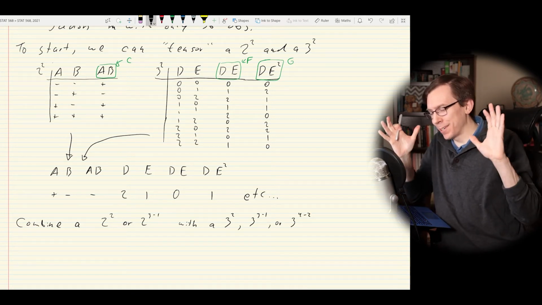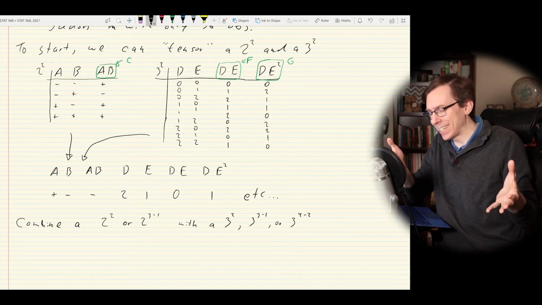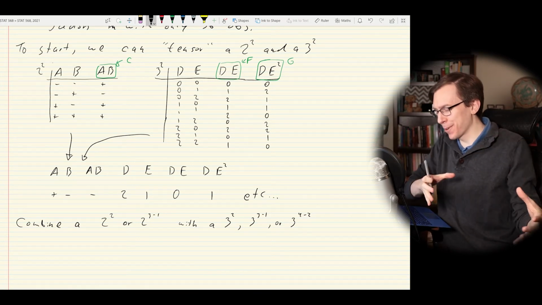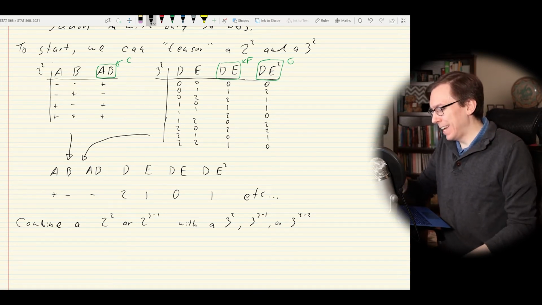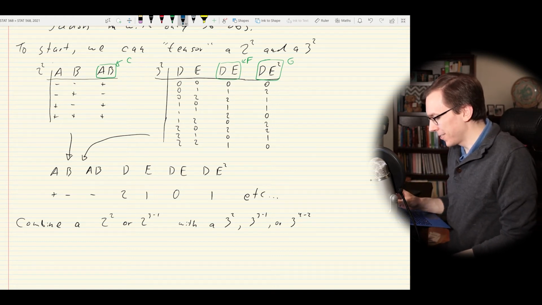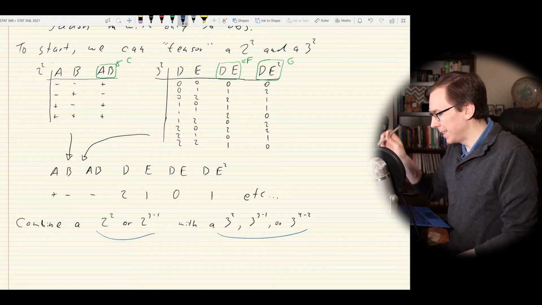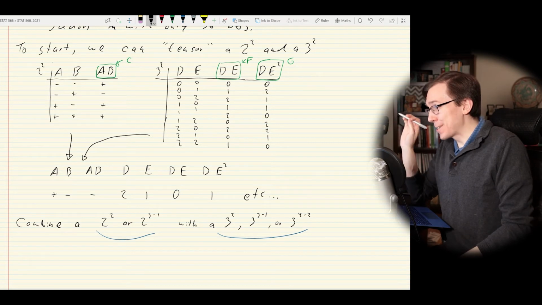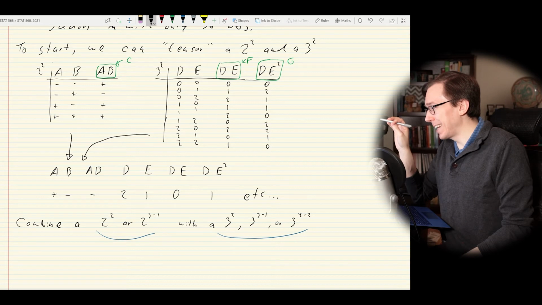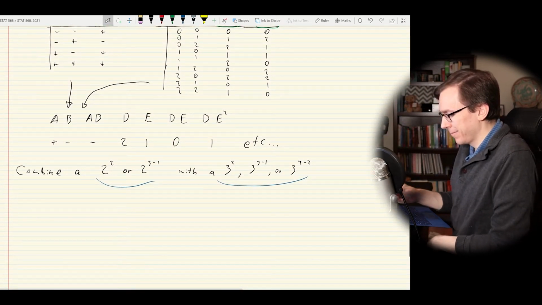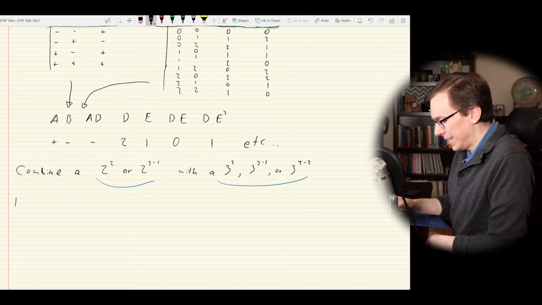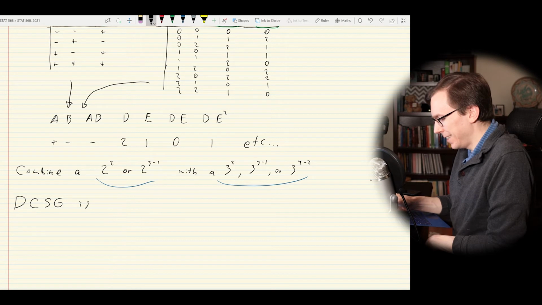So basically pick one from the first group, pick one from the second group, and combine them to get your 36 run design. Now, there are some issues in the sense that you can get some pretty crazy defining contrasts and things like that. For example, the DCSG, the defining contrast subgroup, is complicated, to say the least.